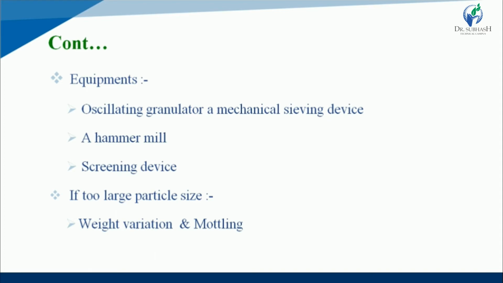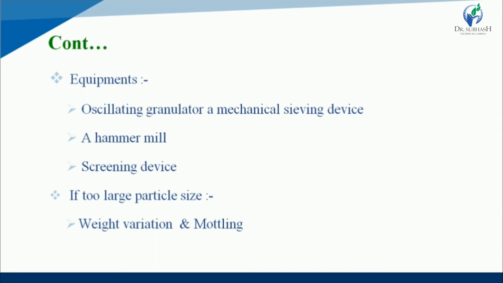For uniform particle size distribution, various types of equipments are used. The oscillating granulator, a mechanical sieving device, is used. Next, the hammer mill is used for reduction of particle size, and a screening device is used.